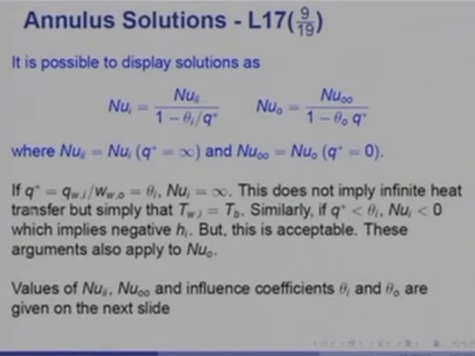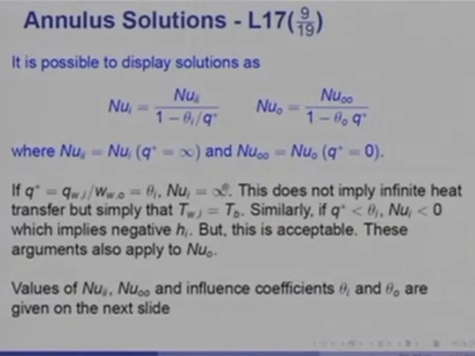Now, remember, Q star was actually equal to Q wall I divided by Q wall O. Suppose that was equal to theta I, then this gives an odd result that Nu I would be equal to infinity.